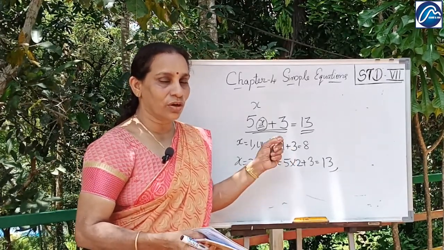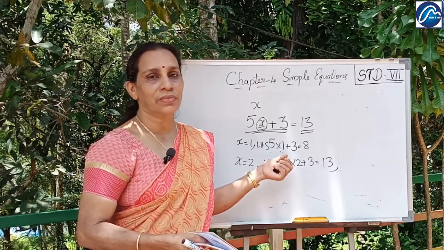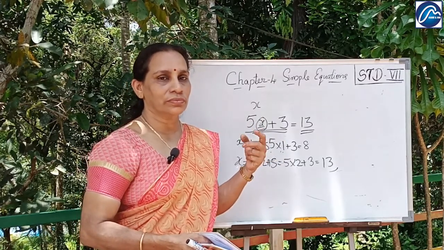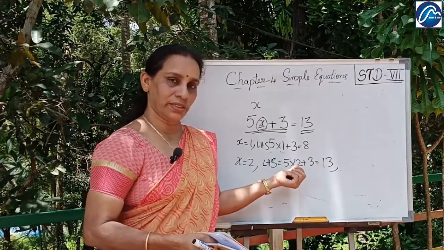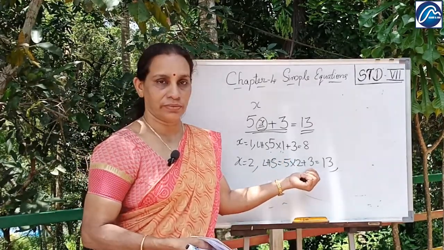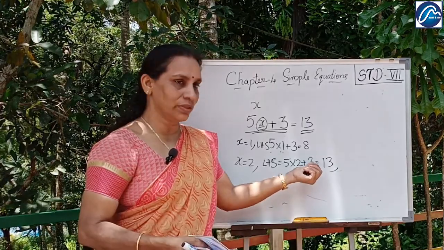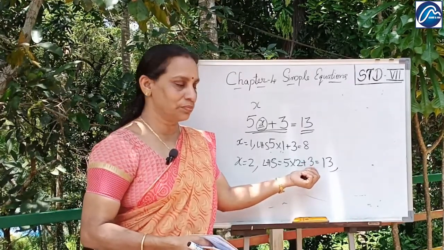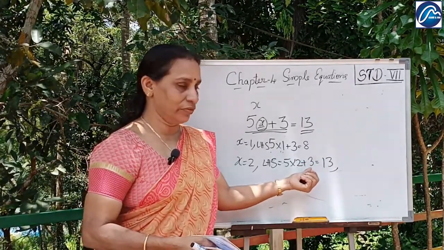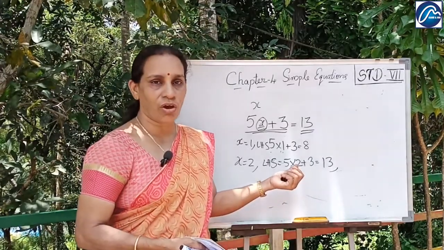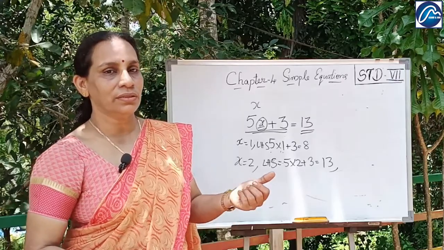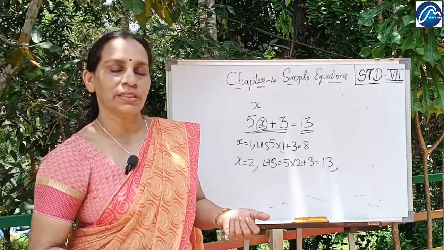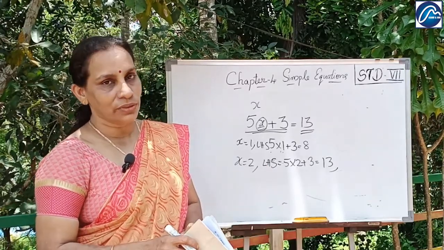It is not part of this lesson, but you have to note this point. So we find 10, and only after that do you add. Otherwise the answer will be different. 2 into 3, 6, plus 6, or 2 plus 3, 5 into 5, 25, that is wrong. Always do multiplication and division first, and only after that addition and subtraction.